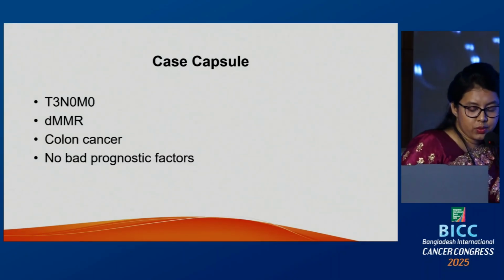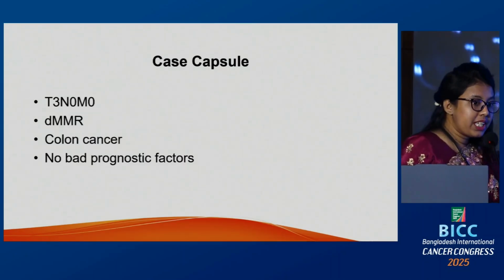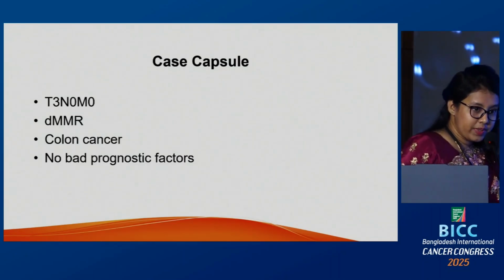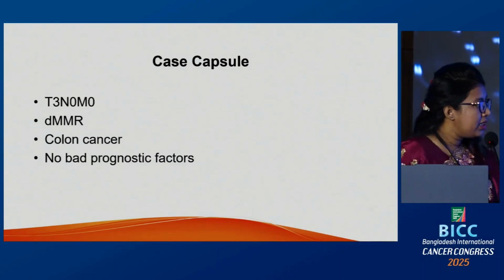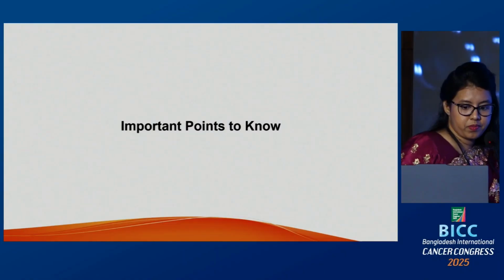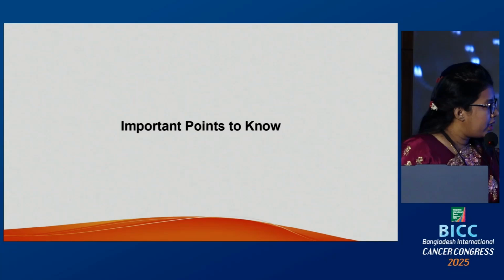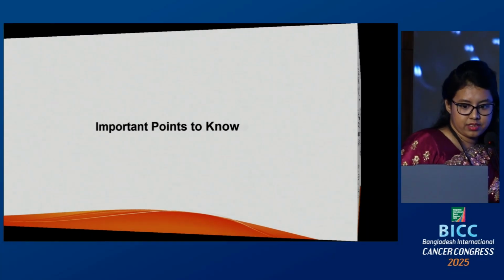So from this slide, we can say that in a ctDNA-guided approach, we can precisely select patients for adjuvant therapy without compromising 2-year recurrence-free survival. Now let's look at some important points regarding ctDNA.